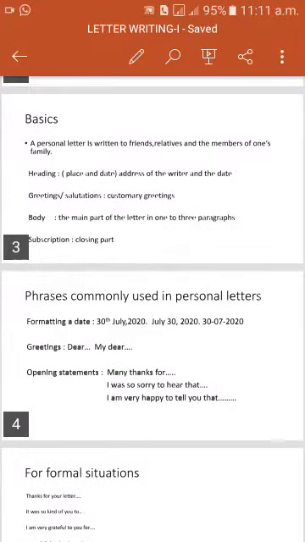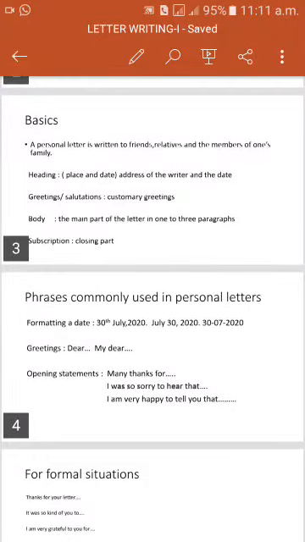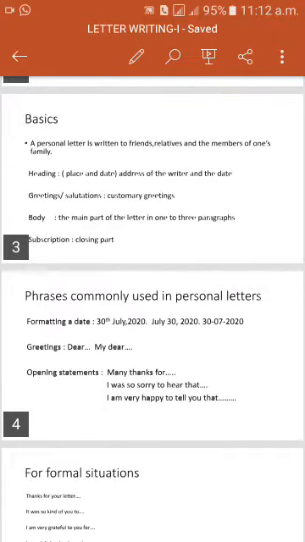What are the basics? A personal letter is written to friends, relatives, and the members of one's family. This informal letter or personal letter is written to members of your family, your friends, and your relatives, etc.